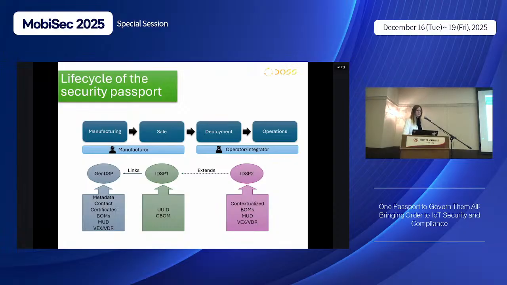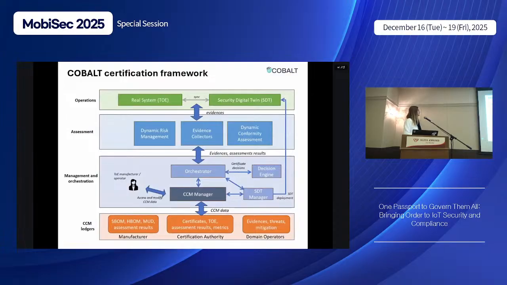And the other project in which we have used the passport is Cobalt. Cobalt is more focused on security certification. And here we use a digital twin to make some kind of copy of the real system. And we are extracting evidence from the security digital twin and certifying the security of the real system based on this evidence.